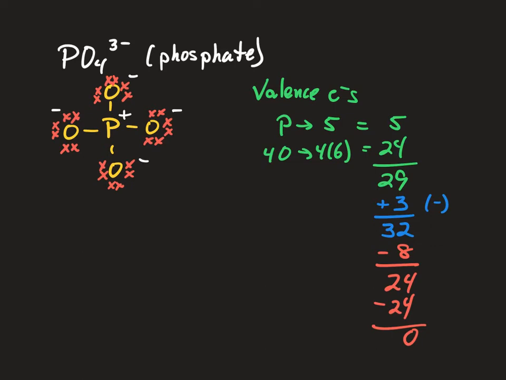Now with nitrogen, when it had a positive formal charge, we had to leave it there because we couldn't give it any more electrons. It already had its maximum of 8. Remember, phosphorus is in that third period. It can accommodate more than 8 electrons.